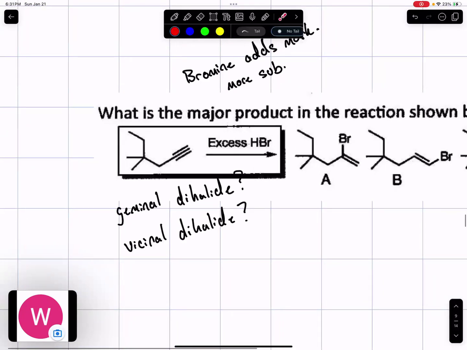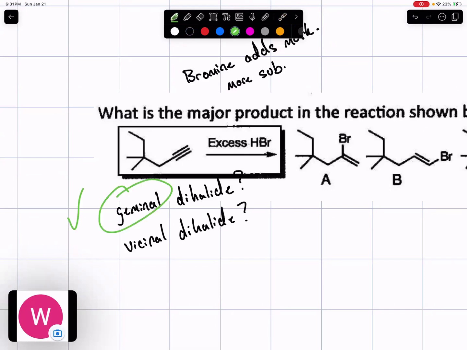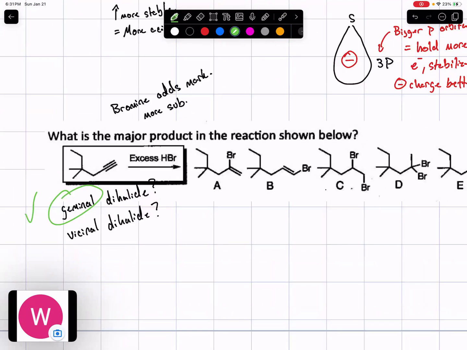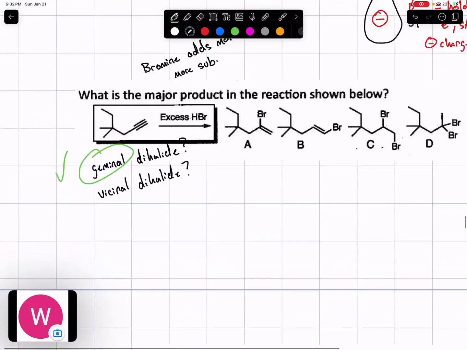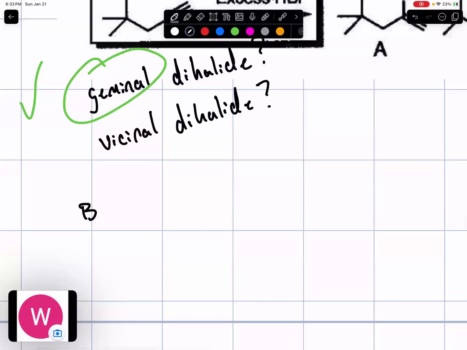Okay, so here's the reason. It is geminal. That is correct. Because if you wanted to do it vicinal, you would have to use Br2 and carbon tetrachloride.